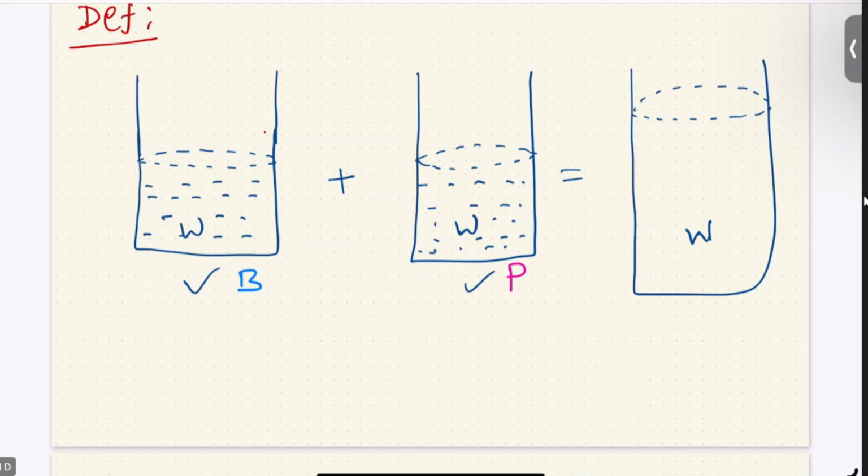And now I mix them. Here, this is the property of water: they don't stay blue and pink. It dissipates the color of one into the other, and the color may change.